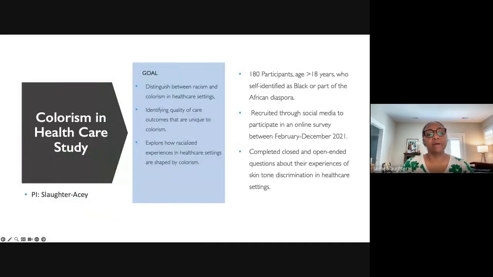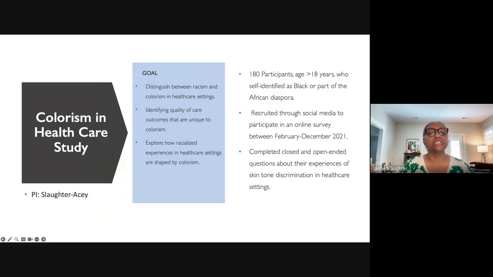And so what I wound up doing was creating the Colorism in Healthcare study. The goal there was to identify whether colorism is a social phenomenon happening in healthcare settings, and whether it is affecting the quality of care people receive.